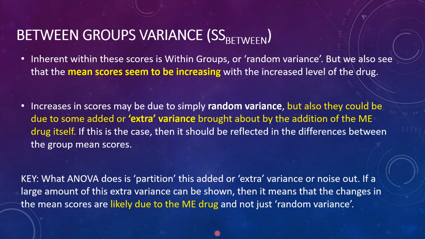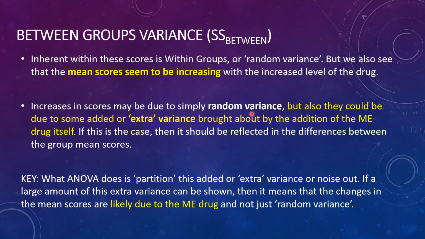But now we have to ask the question a little more deeply. What might be causing things if it was by chance? The increase in the scores may simply be due to random variance, this within-group stuff that we've talked about. But they might also be due to the extra variance brought about by the addition of the mood-enhancing drug.